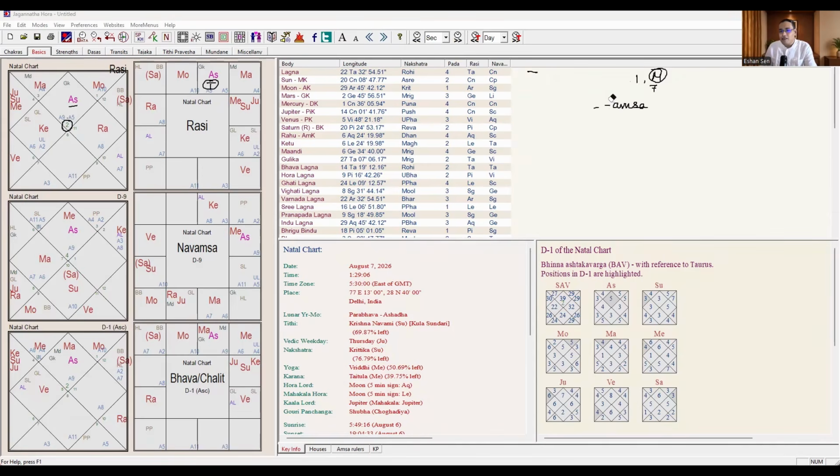Now, let us take another example. Let's take the Moon. Moon is in Aries, which is movable, Chara, right? Now, Moon degree is 29 degrees, 45 minutes, 42.12 seconds. For our simplicity, let me take it as 29 degrees.